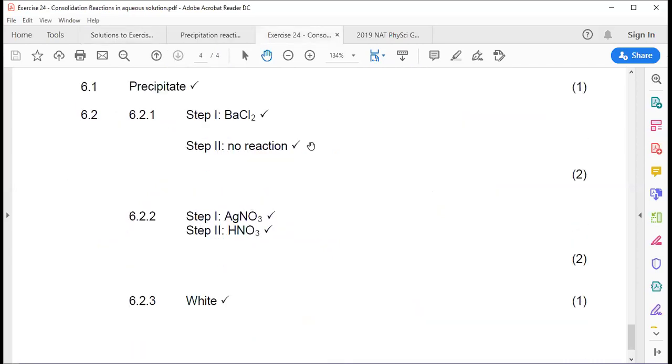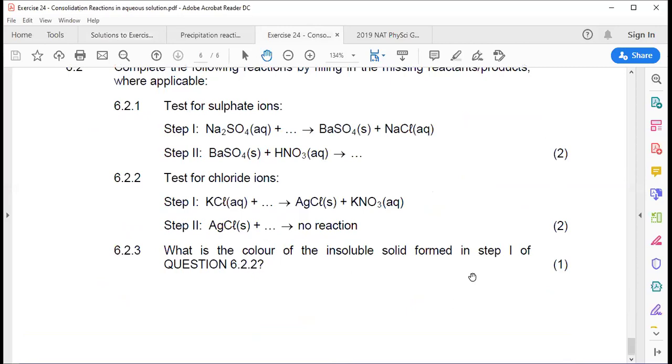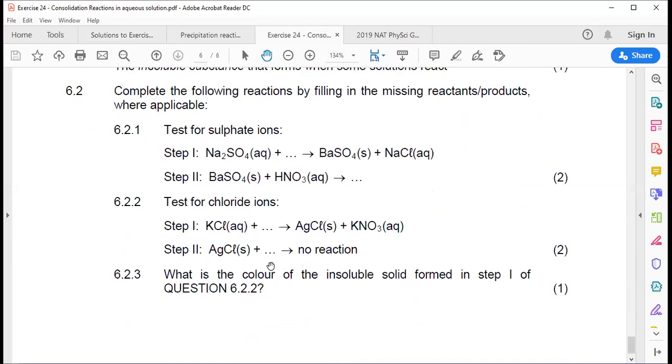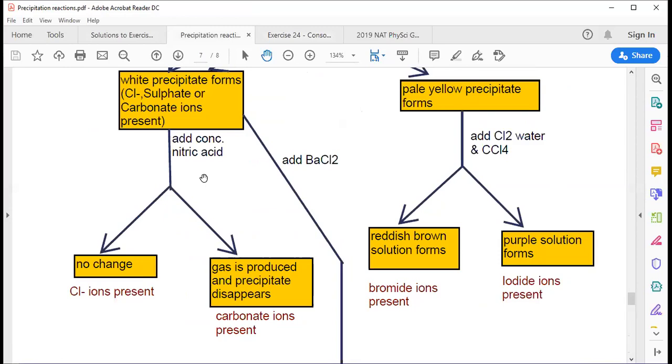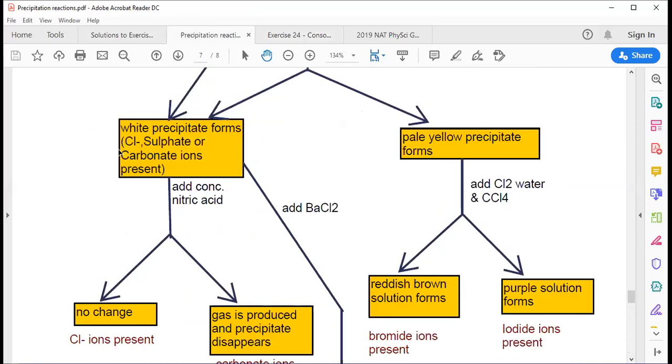Then the last question. What is the color of the insoluble solid formed in step 1 of question 6.2.2? So we've got potassium chloride and we've got silver chloride. Silver chloride, if you check on our table, is a white precipitate.